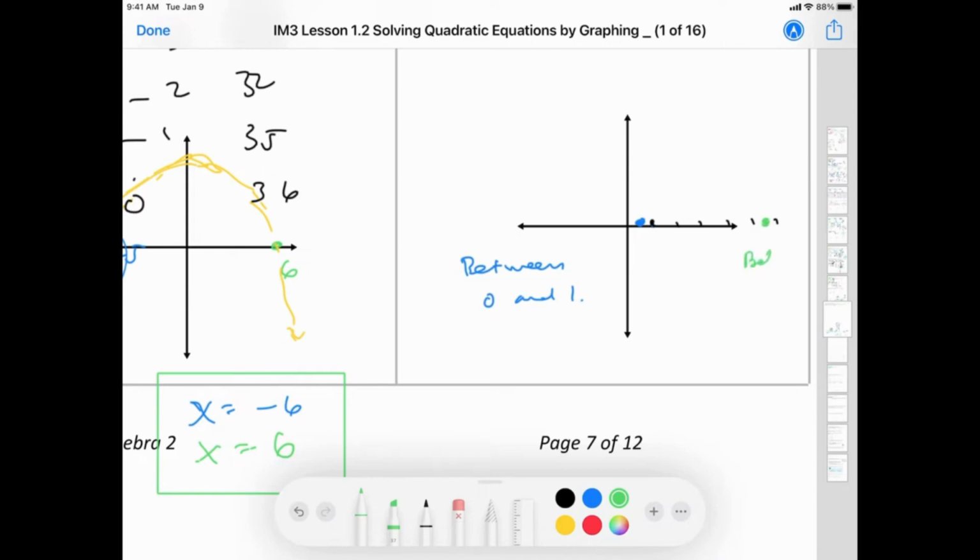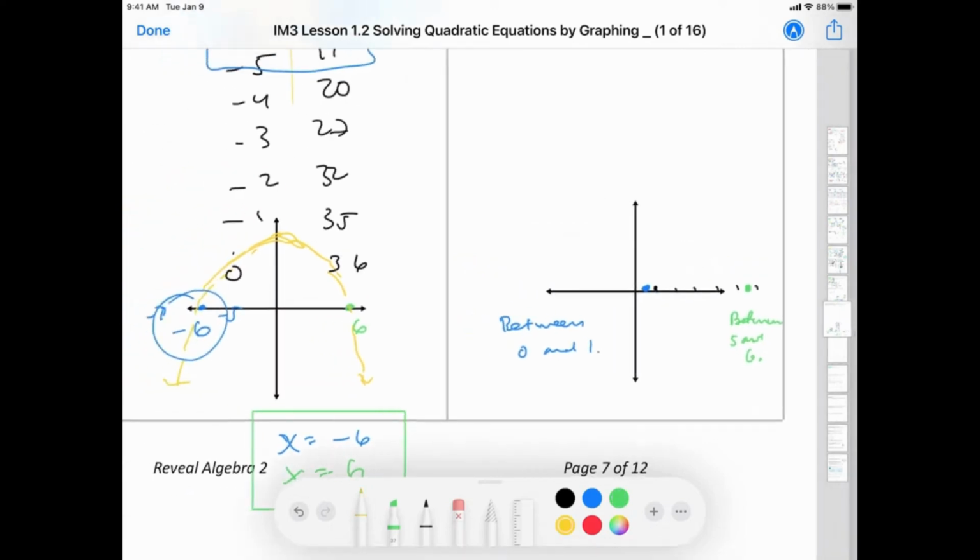It's right here between 5 and 6. Okay, so table of values. 0, 4, 1, -1, 2, -4, 3, -5, 4, -4, 5, -1, and 6, 4.